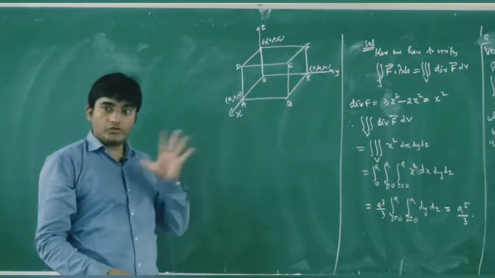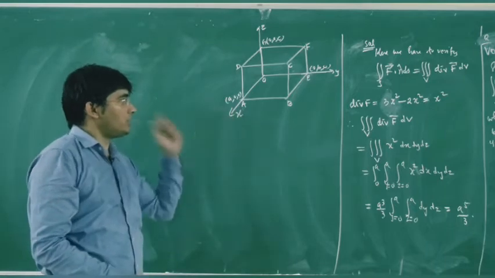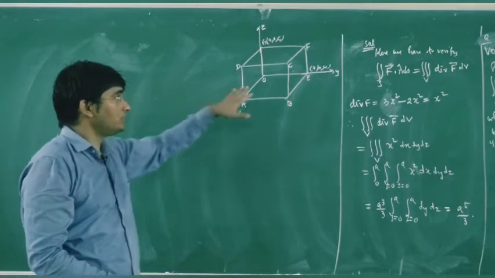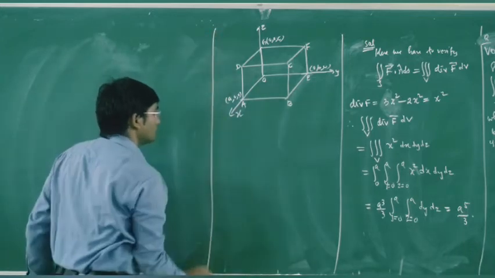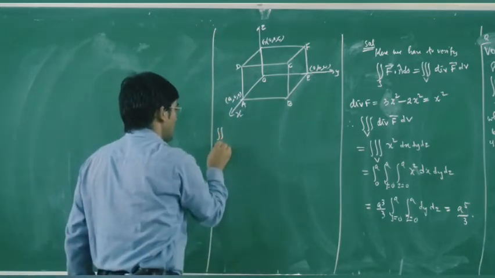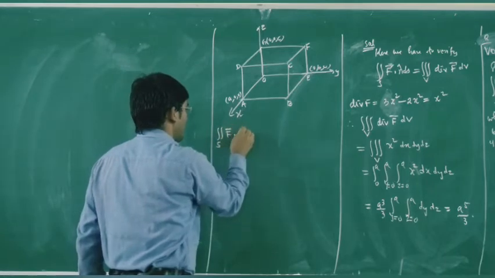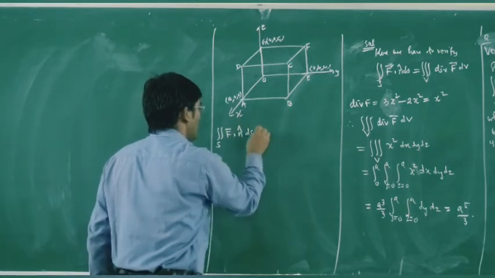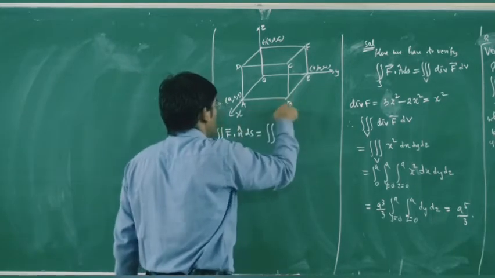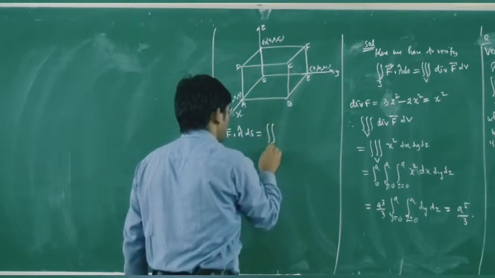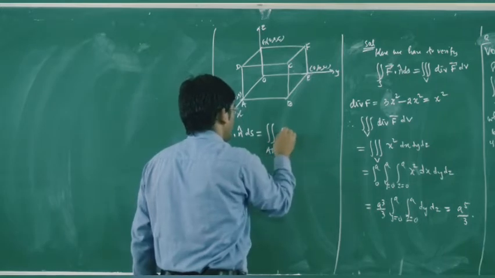Now, our surface integral will be the sum of 6 surface integrals, one for each surface. So, in our case, this surface integral of f dot n ds will be the sum of, for the first part, A, B, C, D, f dot n ds.